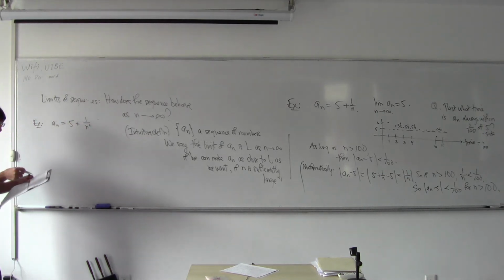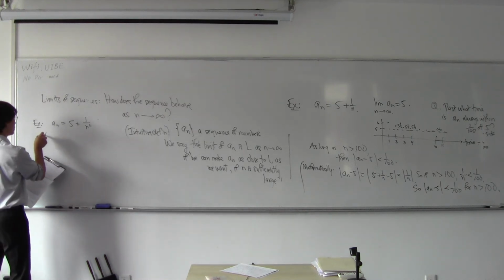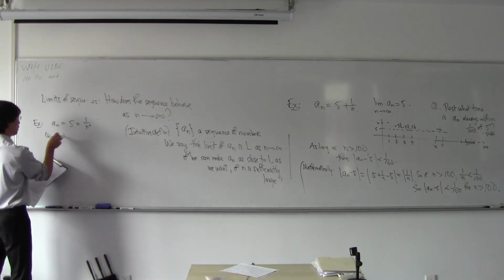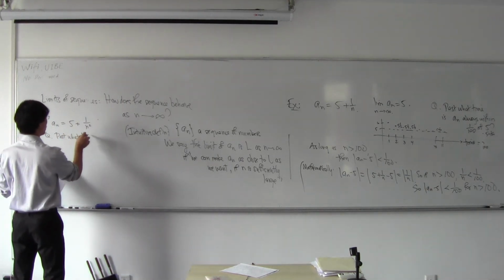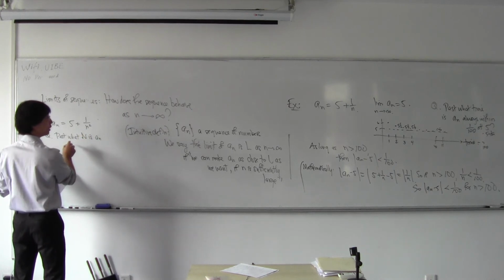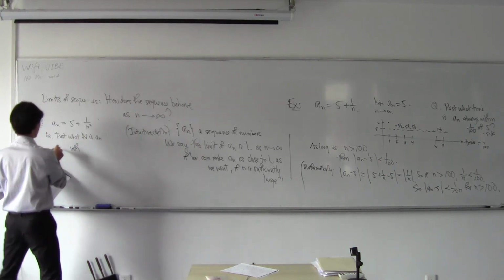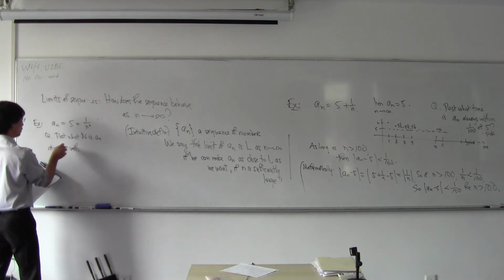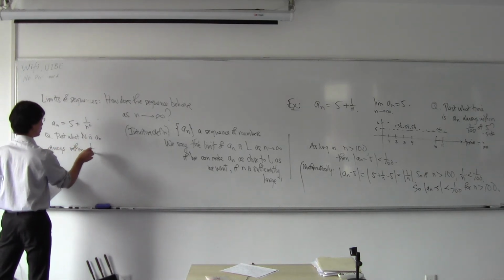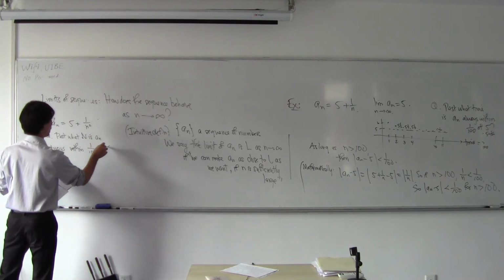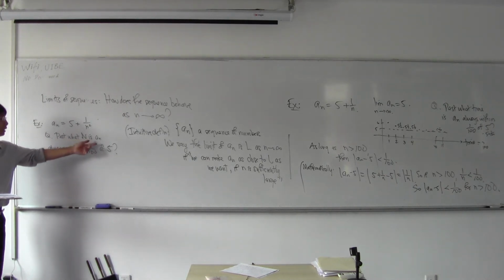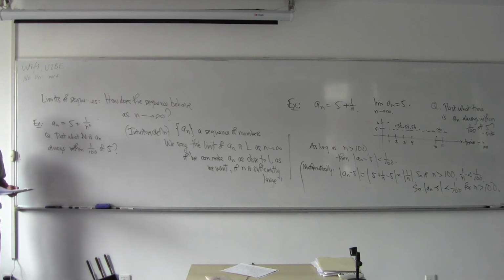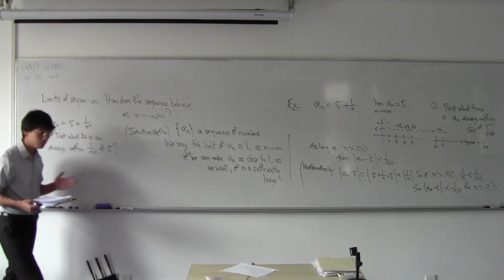The question is, past what n is A sub n always within, say, 1/100th of 5? The limit is again going to be 5. Let's see if we can do this. Take one minute.